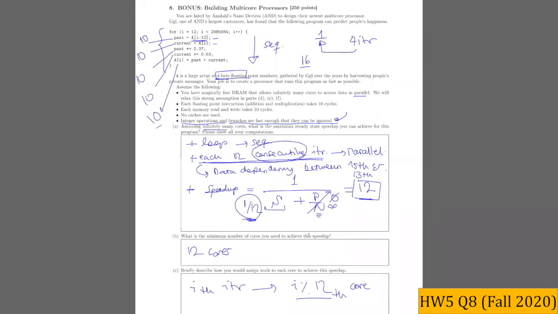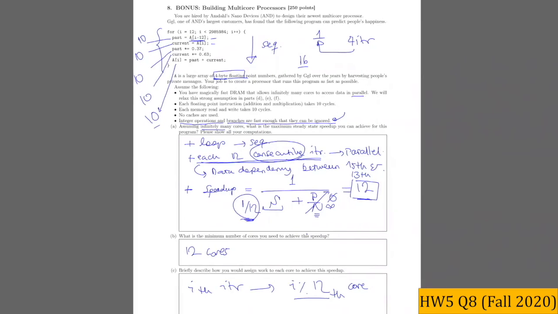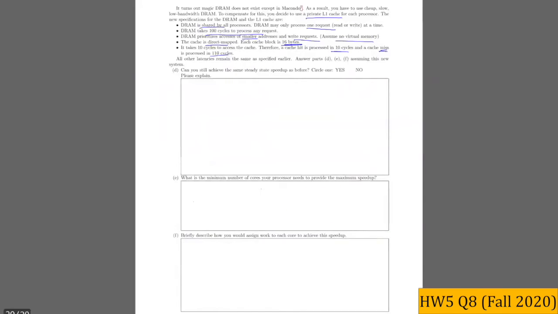So in the iterations where we do not need to go to memory, it would take 50 cycles. Let's go back to the solution here. We first need to write that each 4 iterations, there would be 1 DRAM access.